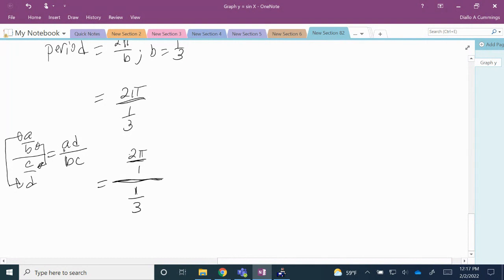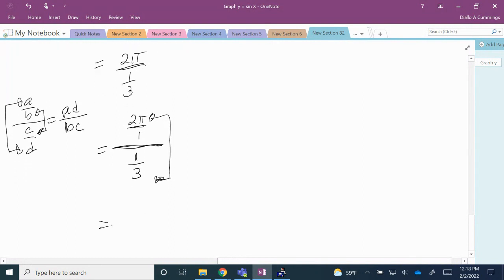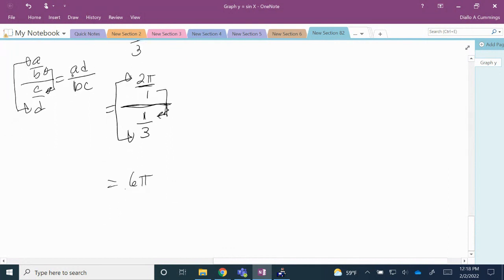So then I can multiply the very top and the very bottom. So 2 pi times 3 is 6 pi. I can multiply the bottom of the top and the top of the bottom, 1 times 1 is 1.